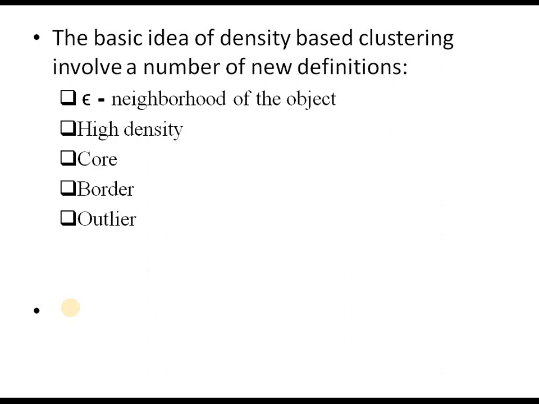Epsilon neighborhood of the object: the neighborhood within a radius epsilon of a given object is called the epsilon neighborhood of the object. If the epsilon neighborhood of an object contains at least MinPts, the minimum number of points, then the object is called a core object.